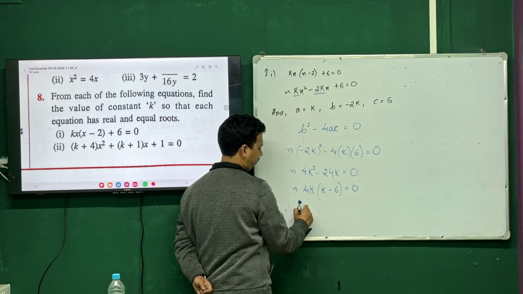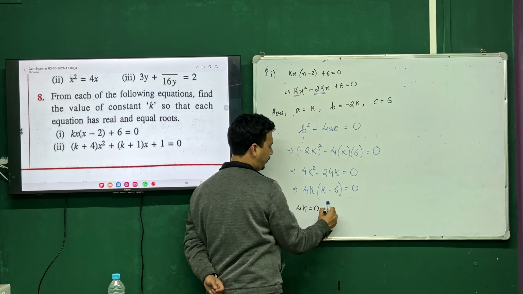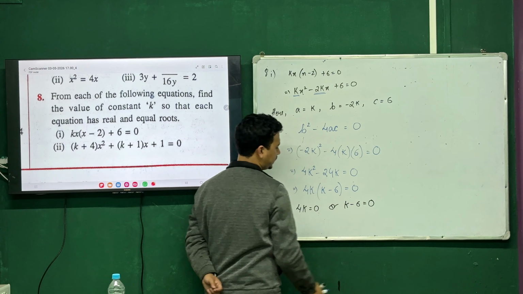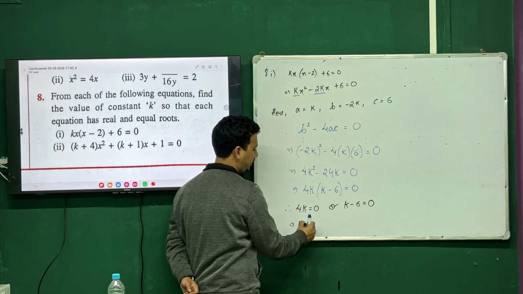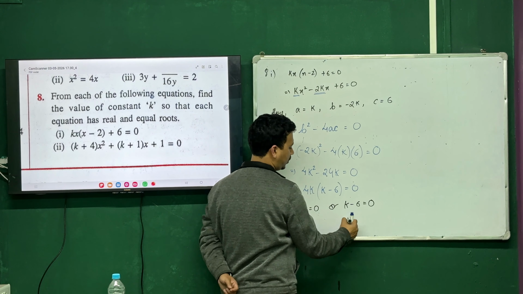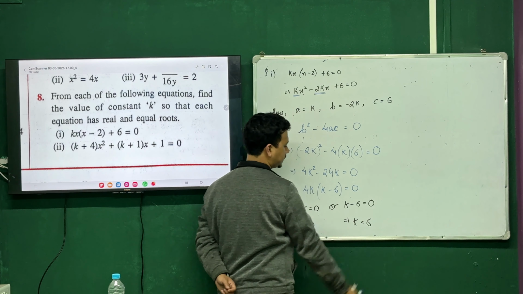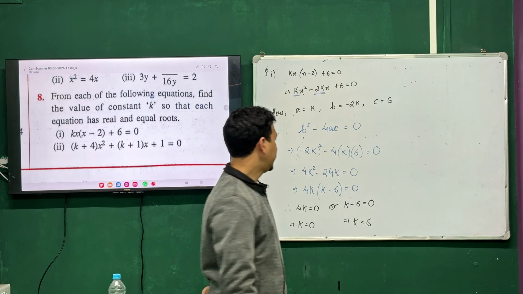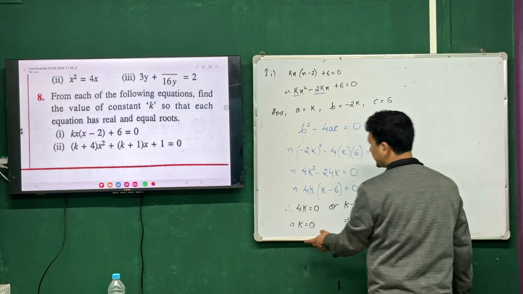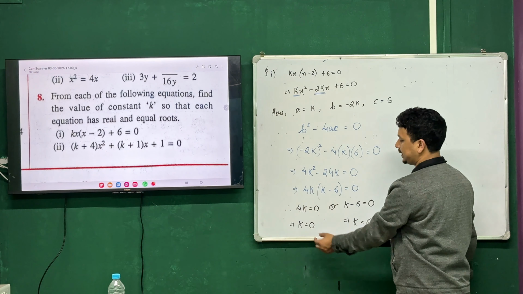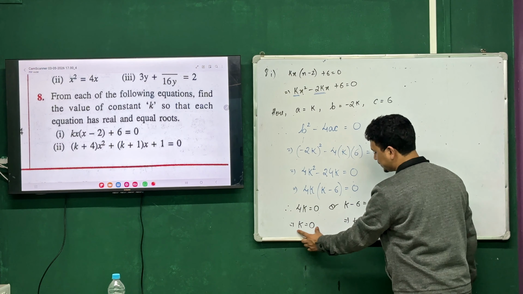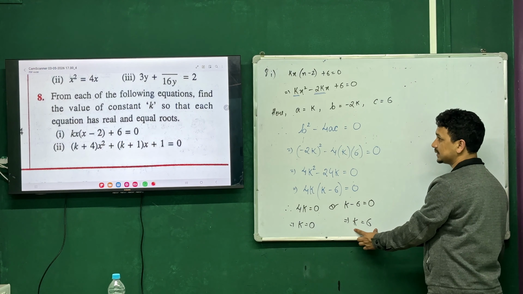Therefore, 4k must be 0 or k minus 6 must be 0. So k will be equal to 0 or k will be equal to 6. Done till here? Okay. Now what Tanisha brought up is very right. See, we can have two values, k is equal to 0 or k is equal to 6.